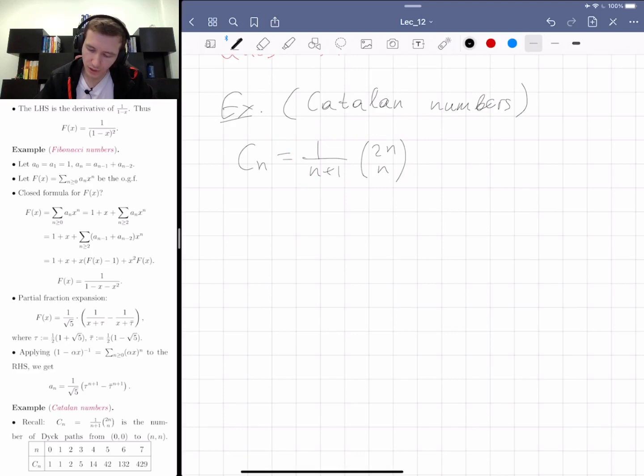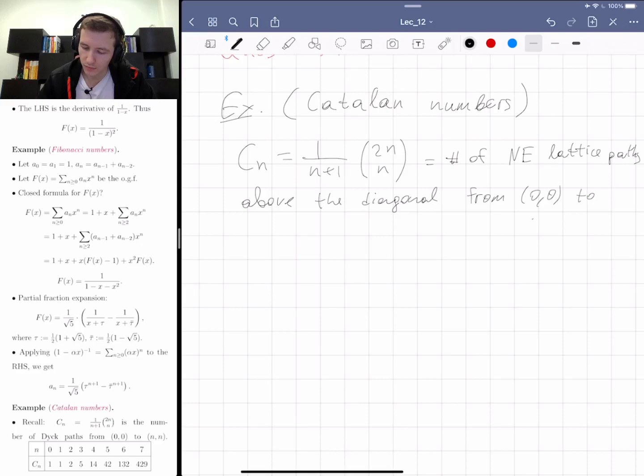This is the number of north-east lattice paths which stay above the diagonal and go from 0, 0 to n, n. Right? And I even have a table.